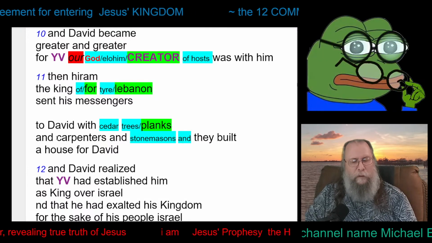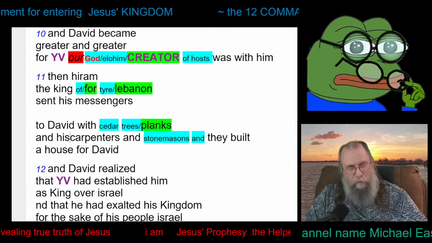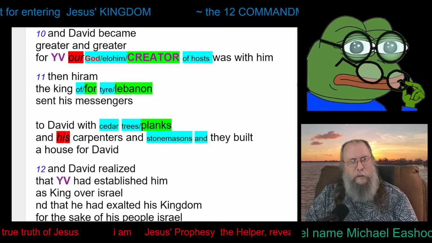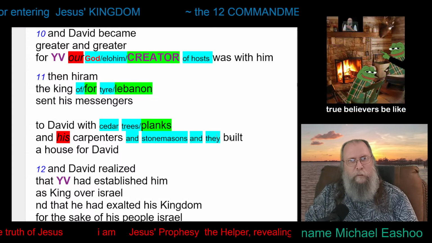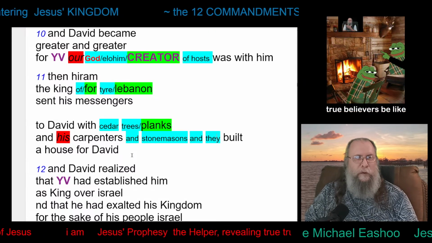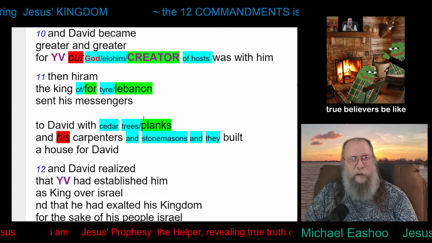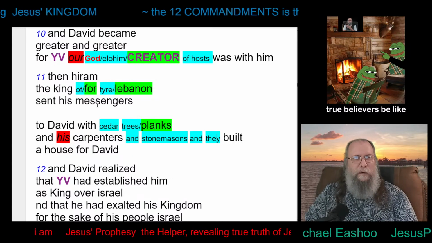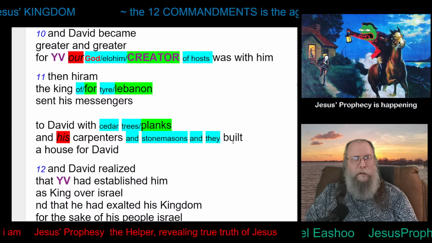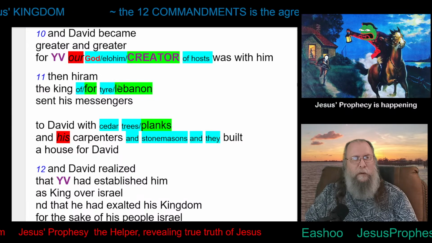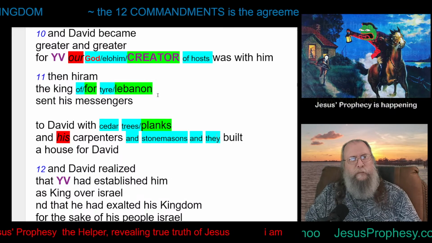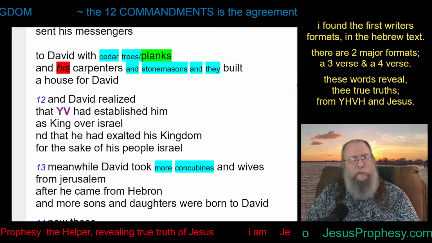And his carpenters built a house for David. Now this doesn't say in Shiloh, but I know it's in Shiloh. So that's okay.